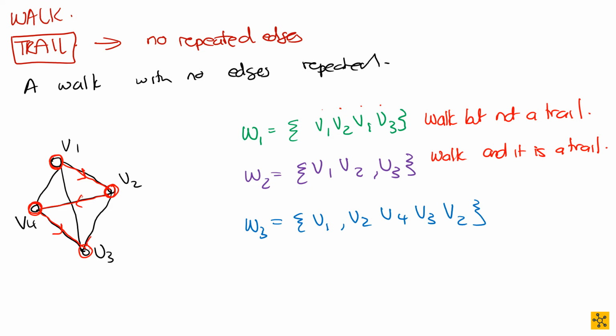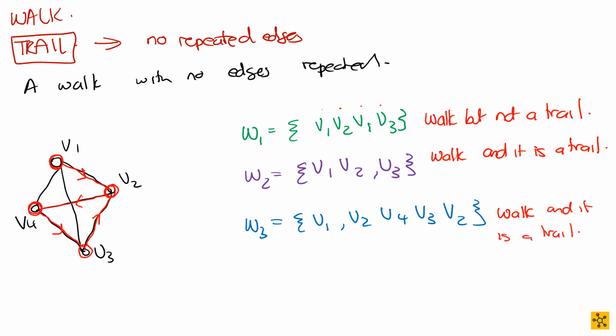V3 to V2. So if you look there, all your edges only have one direction going through them. So you're going from V1 to V2, V2 to V3, V2 to V4, V4 to V3, and V3 to V2. So you're not repeating any edges. So firstly, you know it's a walk, but you're not repeating any edges, and it is a trail.